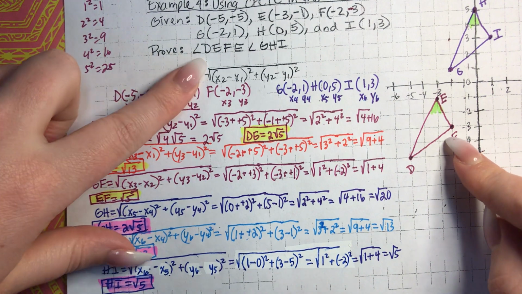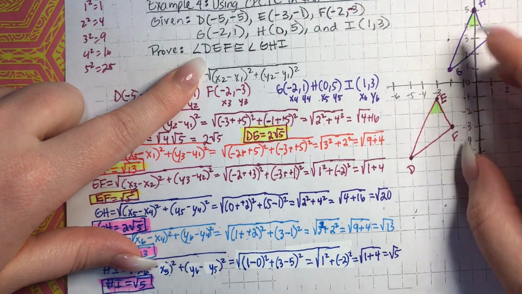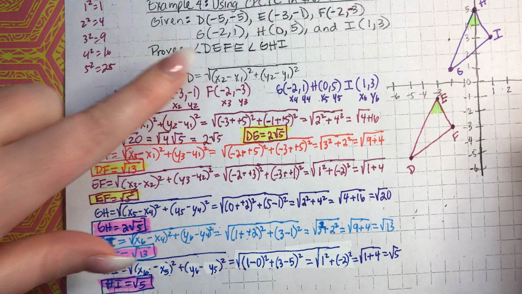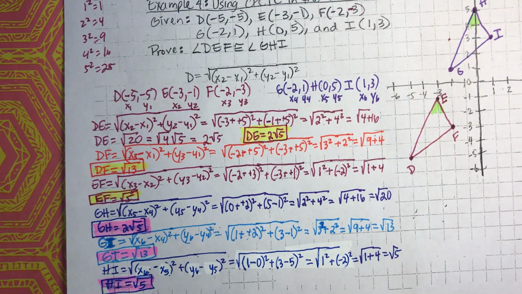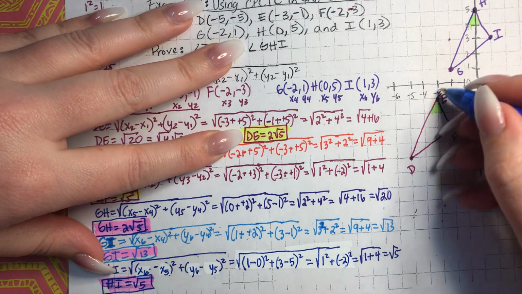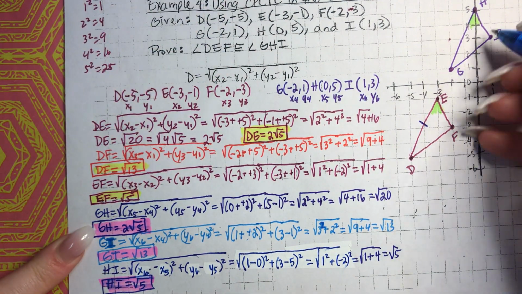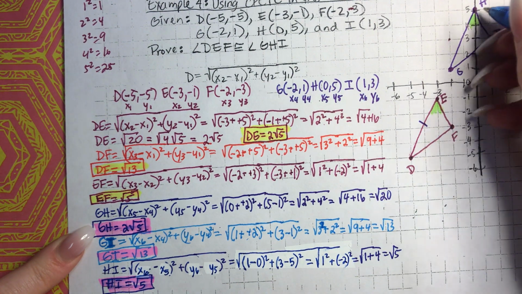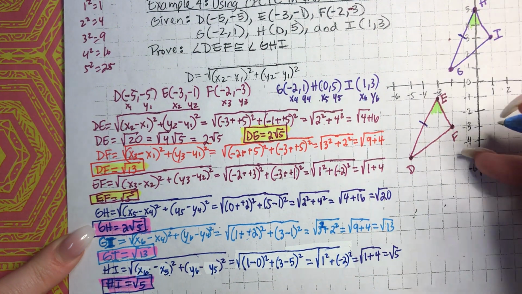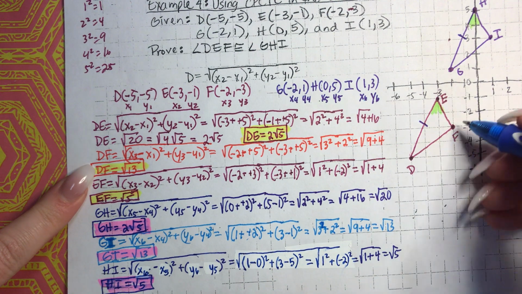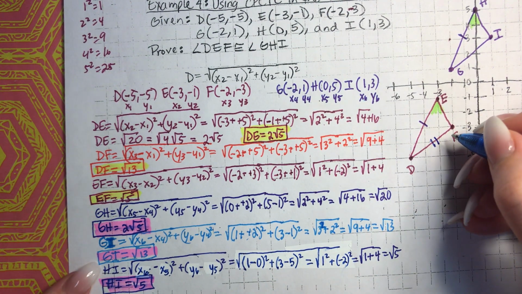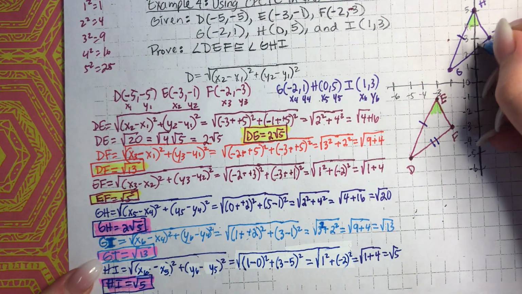And what are we trying to prove? We're trying to prove that these angles are congruent, and we can totally do that because, let's see, let's mark it first. So DE, this side, is congruent to GH, right? 2 square roots of 5, GH would be here, okay? And then square root of 13, DF is congruent to GI, right?